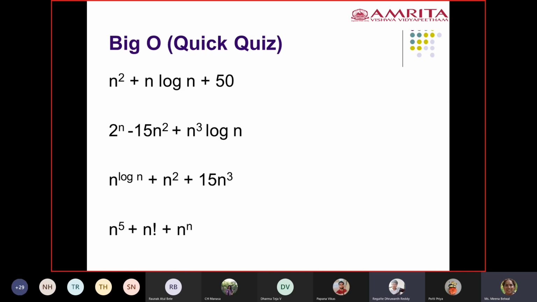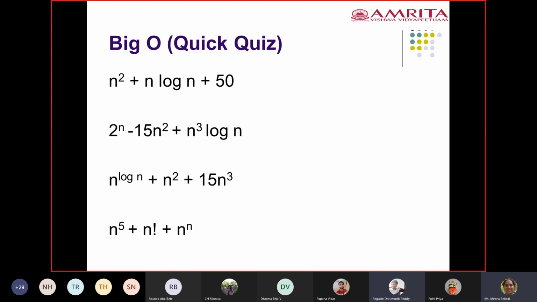So for large values of n, let us say you can take 1024. Log is on base 2, right? So for 1024, the answer will be 10, right? When we do the complexity, we do it for large values only, no?